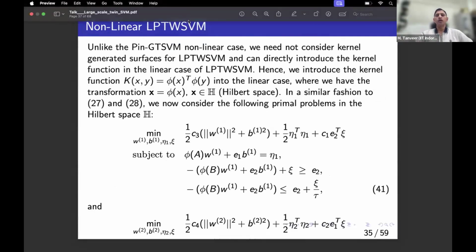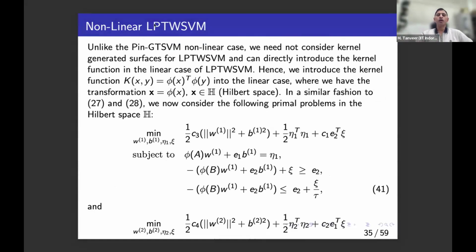Now moving ahead, this is the nonlinear part of our formulation. In the nonlinear part, we simply transform the data: we replace x with phi(x), y with phi(y), A with phi(A), and B with phi(B).